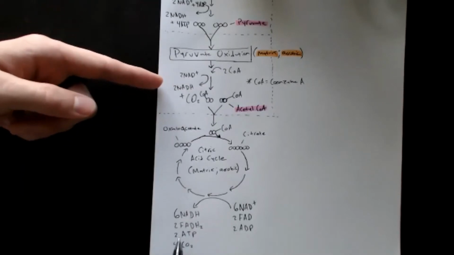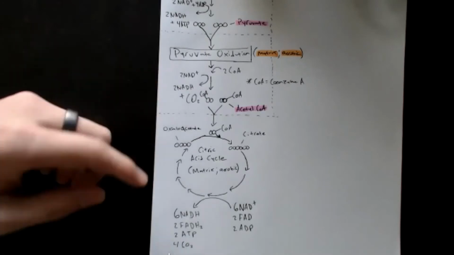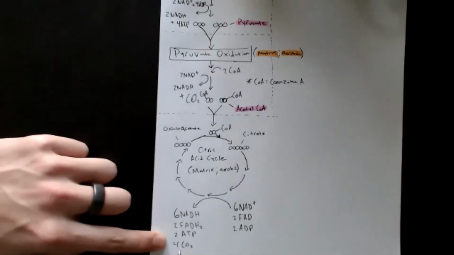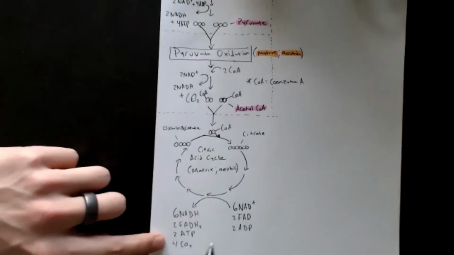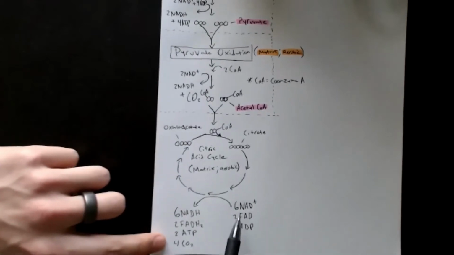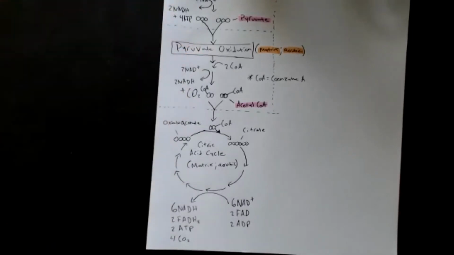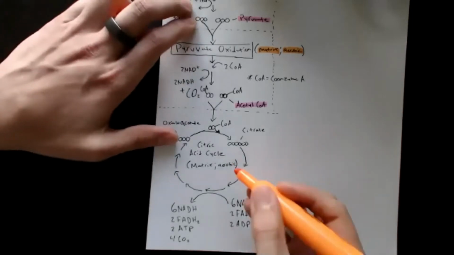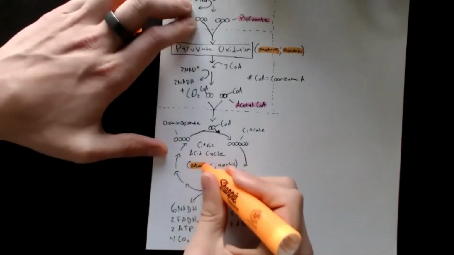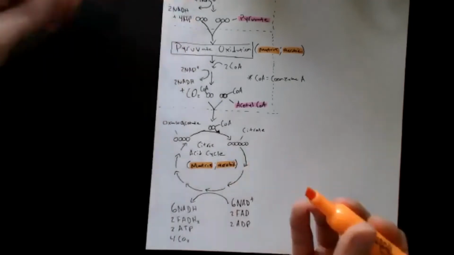Remember, you're not getting any ATP from pyruvate oxidation. And also know that citric acid cycle is the highest producer of CO2. But we don't need to know the specific numbers. Okay, so that's the citric acid cycle. Let me highlight the important stuff.